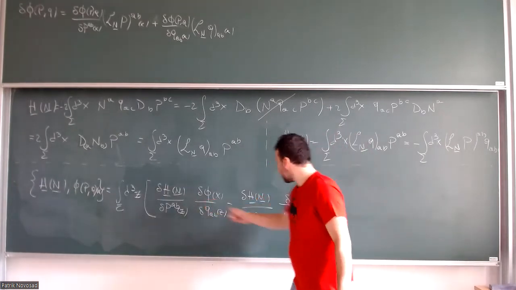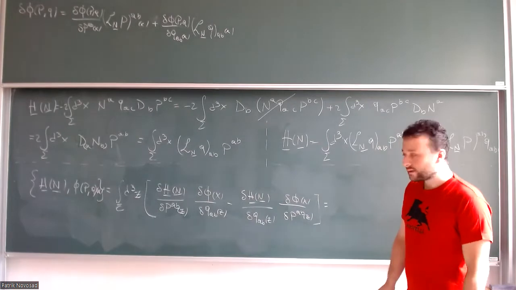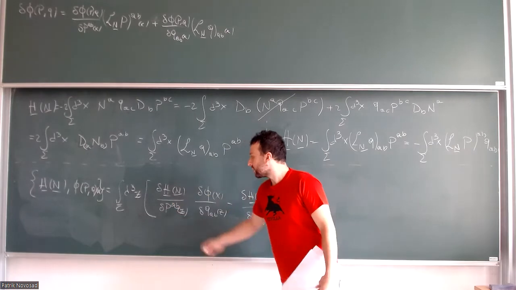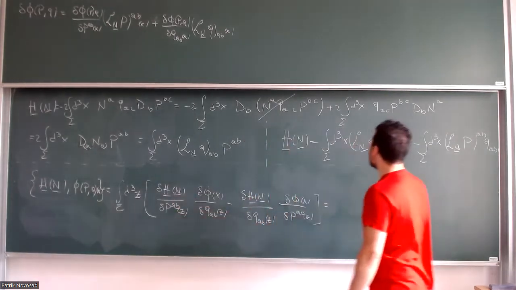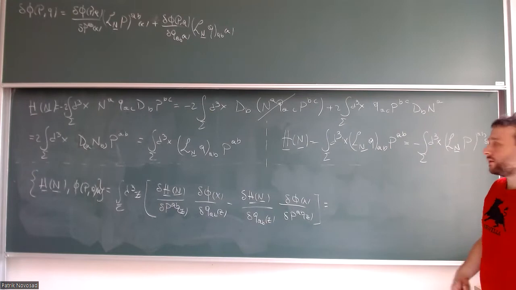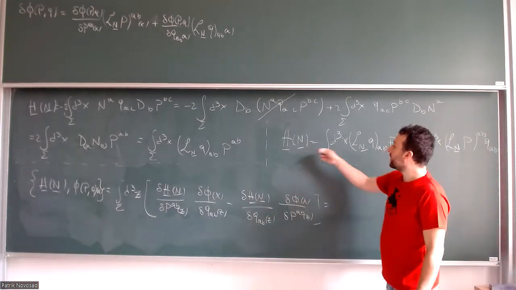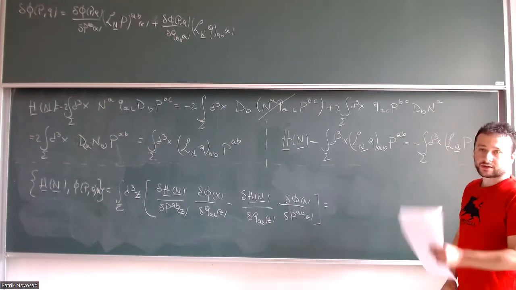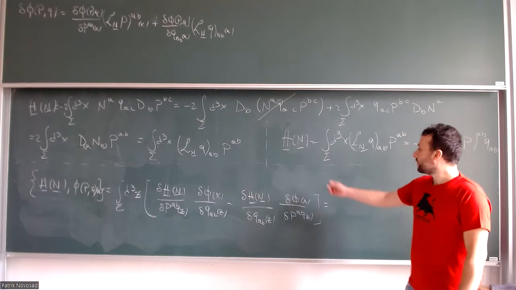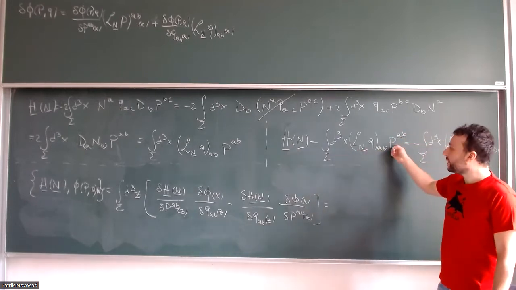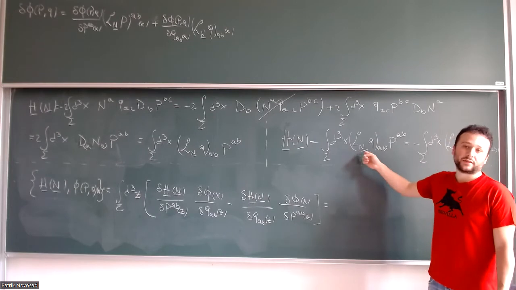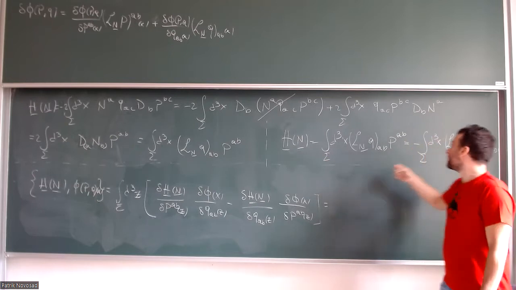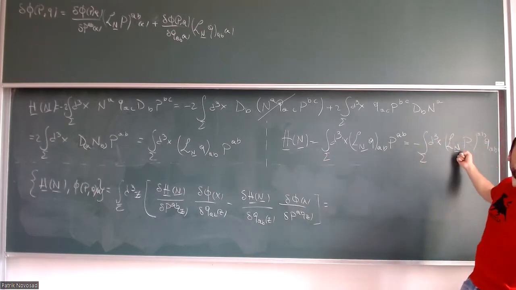Of course we leave this and this as they are, and we want just to substitute these two in the h when we vary this and this with respect to the metric and its conjugate. Okay. And now the variation of h with respect to p gives exactly the derivative. On the other hand, the variation of this with respect to the metric gives the derivative of p.